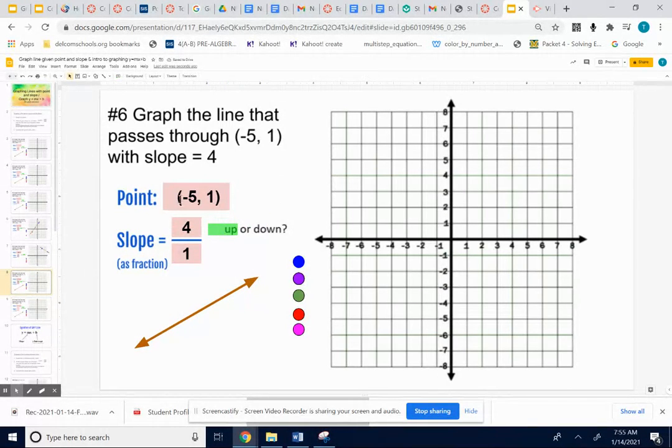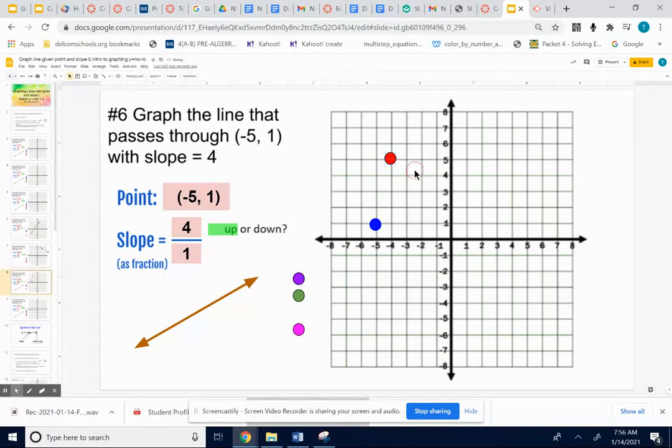So I'm going to graph negative 5, 1. Go to negative 5 on my x-axis, and go until you're across from positive 1 on the y-axis. Drop your point. From there, I'm going to take another point and go up 4, right 1. 1, 2, 3, 4, right 1.